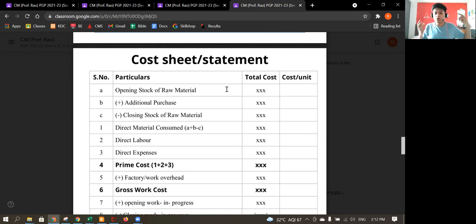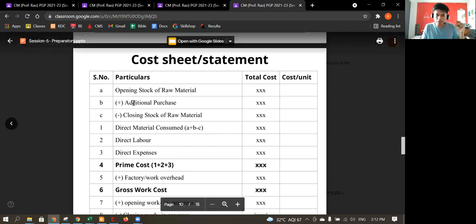Inventory means any raw material that you purchase and store. Work in progress is any product that is under process and has not been completed. Finished goods are those goods that have been completed and are lying idle and have not been sold. So for raw material, your opening stock plus purchases, out of that you deduct the closing stock, so that is the total amount of raw material that you used in production.